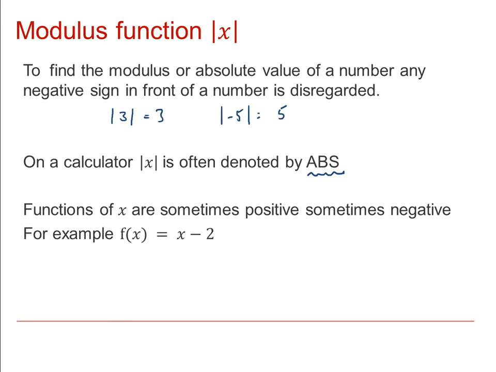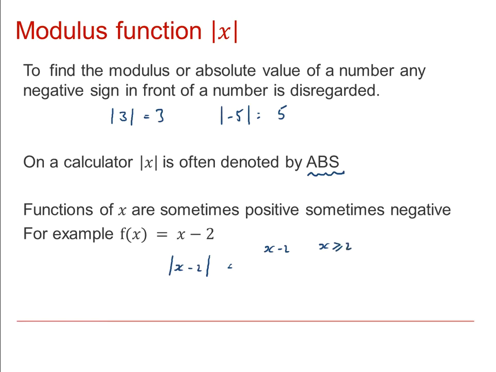Functions are sometimes positive and sometimes negative. So if we consider the function f of x is equal to x minus 2, then the modulus of x minus 2 will be equal to x minus 2 itself if x is bigger than or equal to 2.